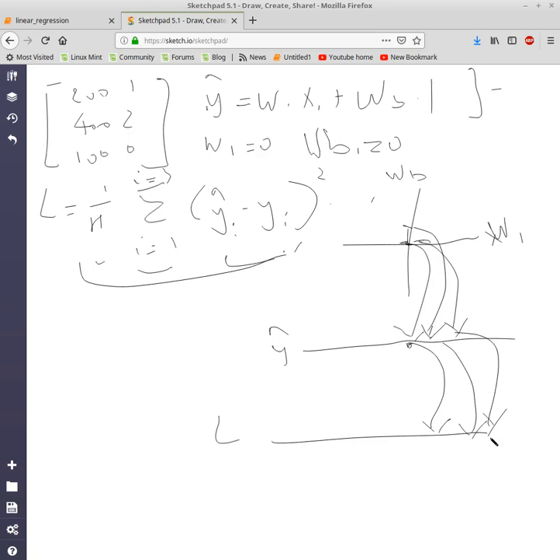So we'll change y hat, and then it will change L. And if we change both W1 and WB, it will again change y hat by some amount. So if we go from here to there, this will change y hat some amount, and we'll change the loss by some amount.